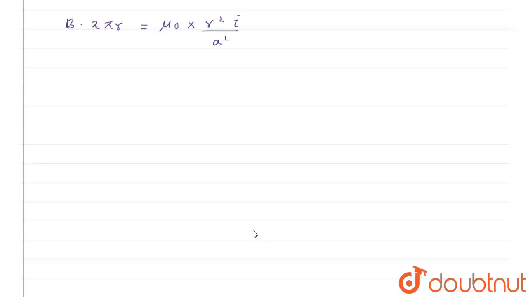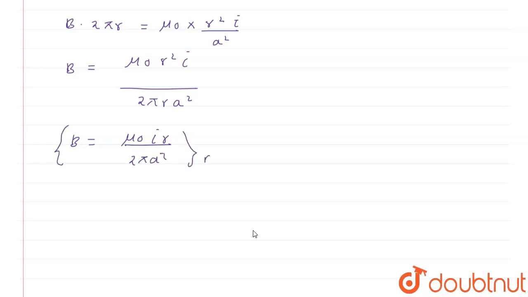If we solve it, we will have mu naught r square I divided by 2 pi r times a square. r and r square will cancel out, and we will have our final answer, which is mu naught I r divided by 2 pi a square.